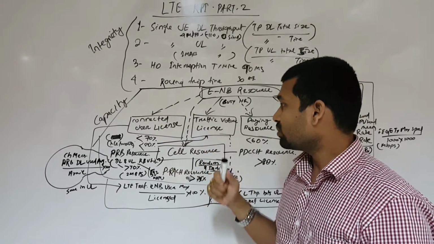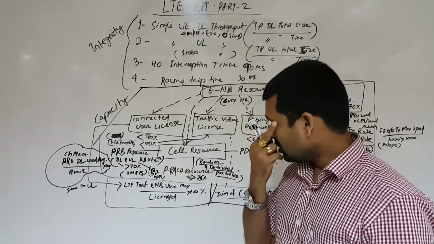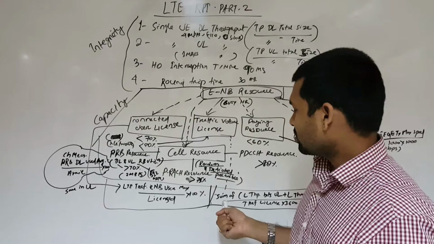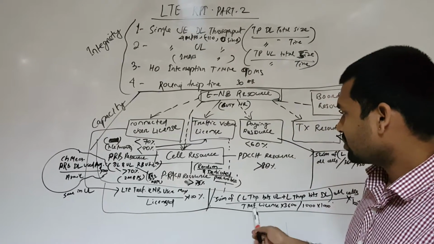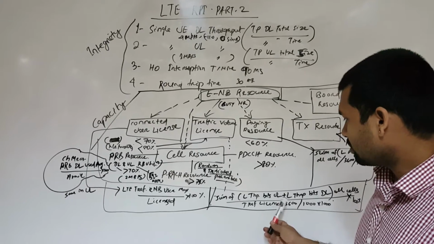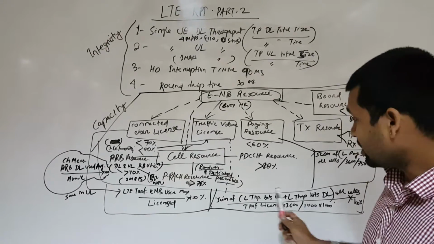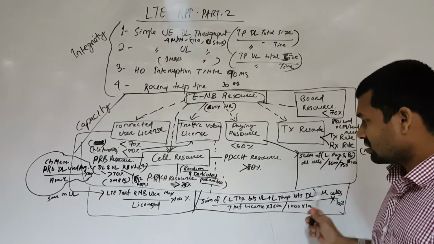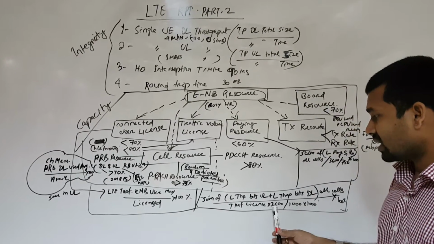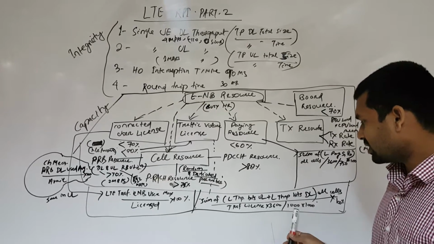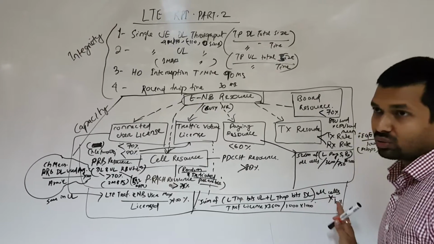Then the traffic volume license. The threshold should be 80%. For the traffic volume, the sum of LTE throughput bits uplink plus LTE throughput bits downlink, a bit complicated formula, for all cells divided by traffic license into 3600 divided by 1000 into 1000, whole into 100.